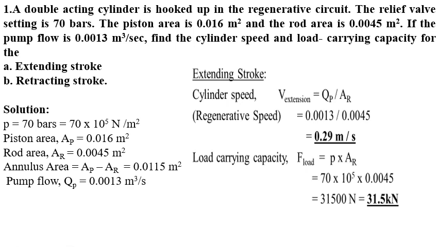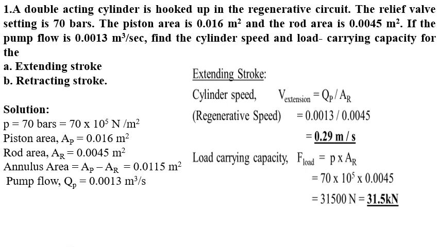QP is 0.0013 divided by rod area 0.0045. Simplify this, we will get 0.29 meter per second. And the load carrying capacity during extending stroke, F during extension, equals pressure into area of rod.